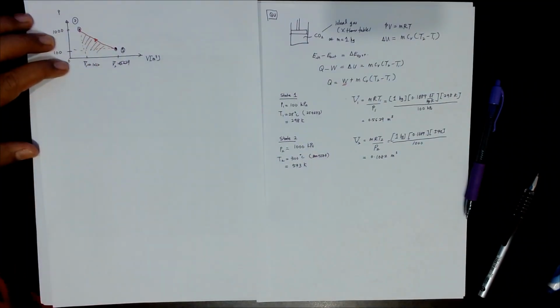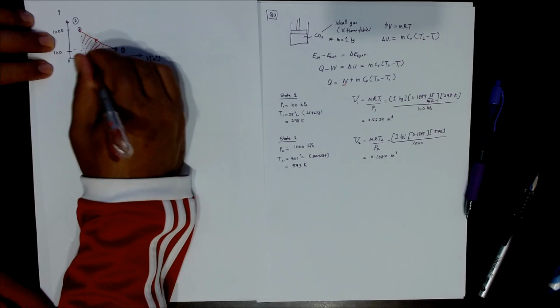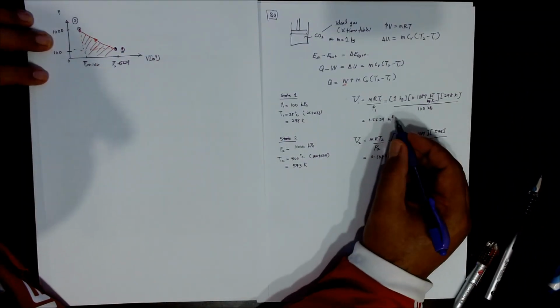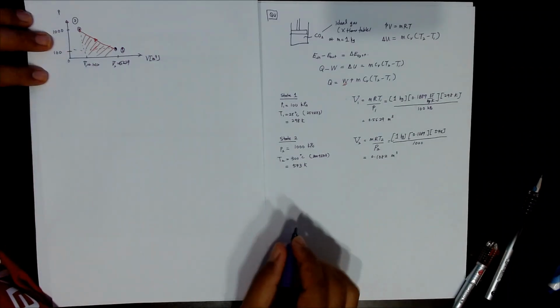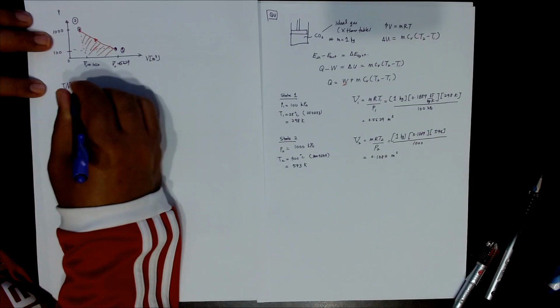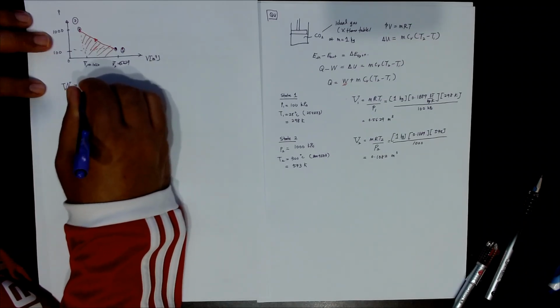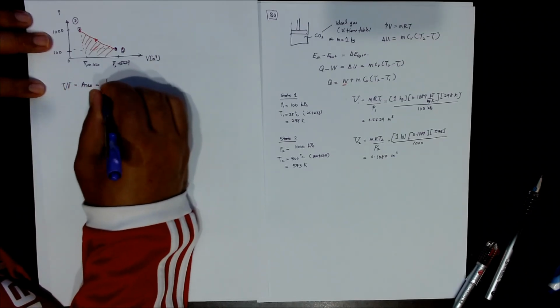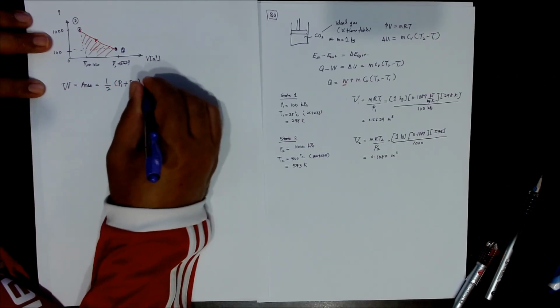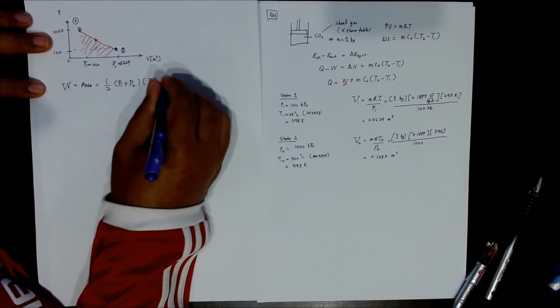So we calculate W, the area: one half times (P1 plus P2) times (V2 minus V1).